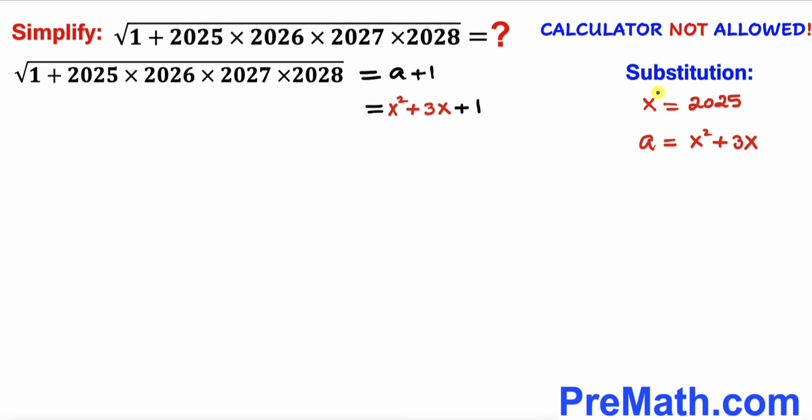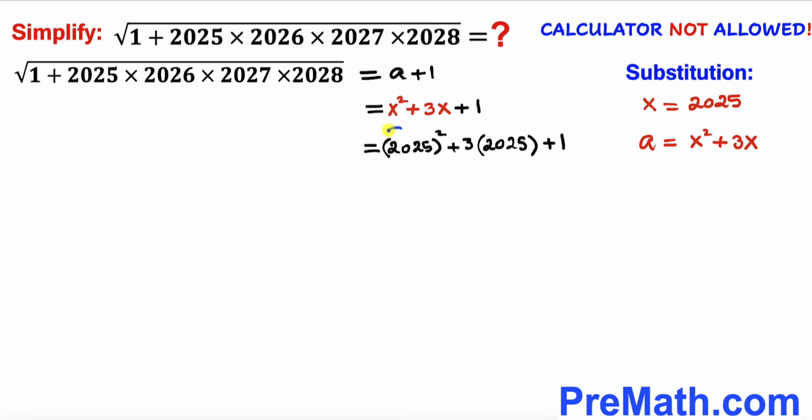And now we know x equals 2025. So I'm going to replace this x with the 2025 over here, and likewise this x with the 2025 over here as well. So this whole could be written as 2025 whole squared plus 3 times 2025 and then plus finally 1.